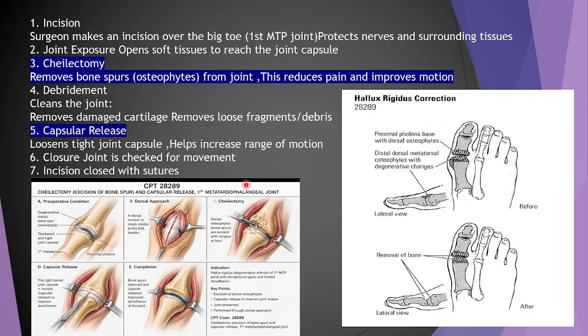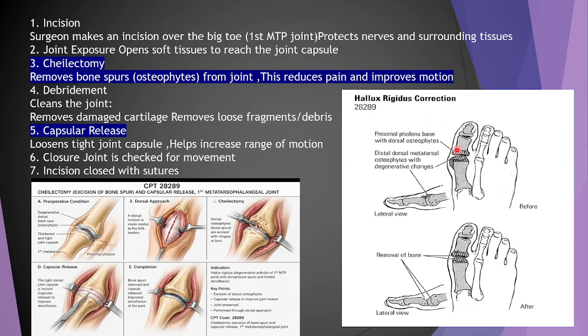So first, in that procedure 28289, what will the physician do? The physician will make an incision over the first metatarsophalangeal joint, that is, an incision over the big toe, and after that the joint is exposed, so that he will reach the joint capsule.